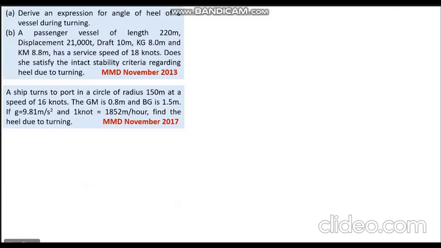He says, does she satisfy intact stability criteria regarding heel during turn? In this part, he's saying find the heel during turn. This could be, I can say, a passenger ship. Let me insert a word here: passenger ship turns in a port in a circle of radius this. Find the angle of heel.